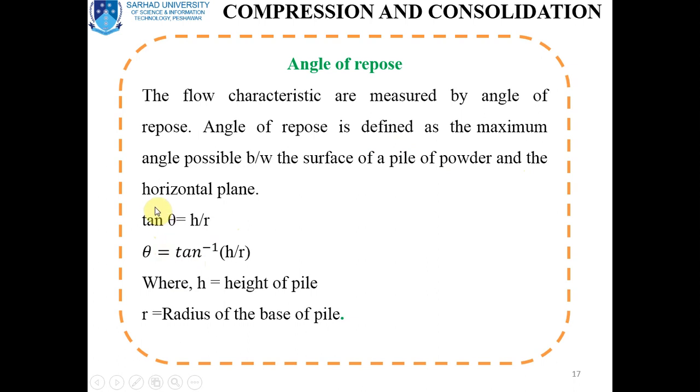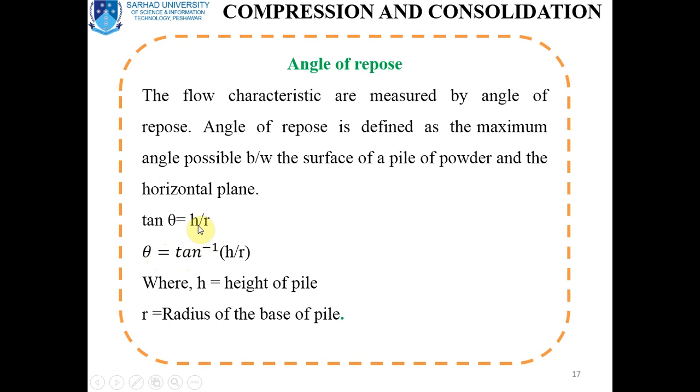In order to calculate theta, tangent theta is equal to h by r, where h is the height of the pile or heap of powder, and r is the radius. If we have the diameter, then we can obtain the radius by dividing the diameter by 2, as you know that the radius is half of the diameter.